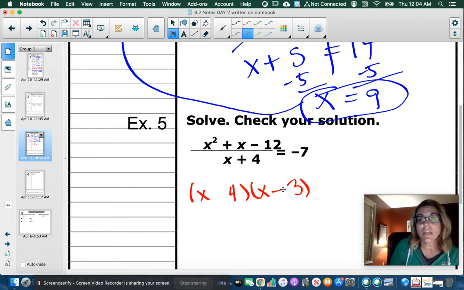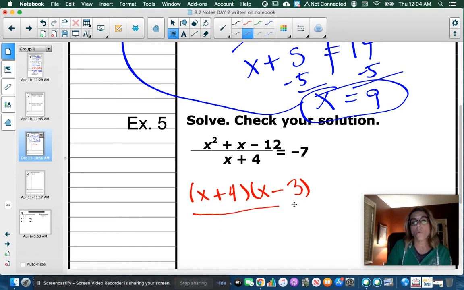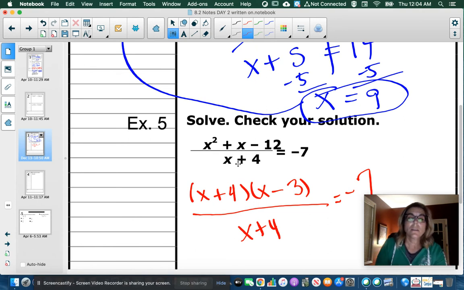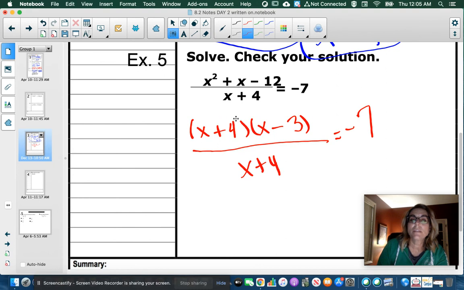I have to give the negative to the 3 and the positive to the 4, because when you add them, you need to get a positive 1. Another trick is look at your denominator. I know I'm going to have to cancel something, so 4 has to have the plus, and that's that.